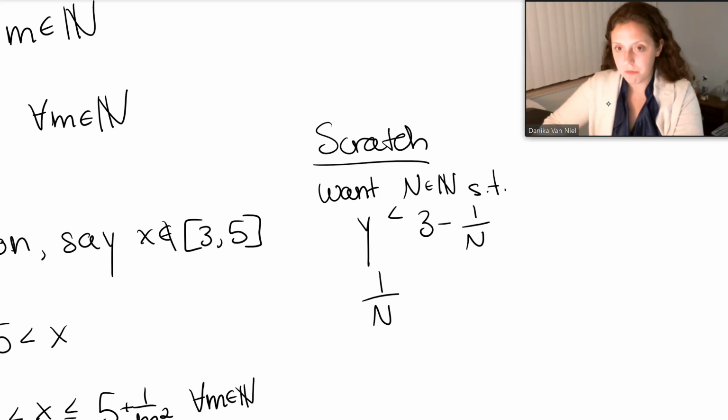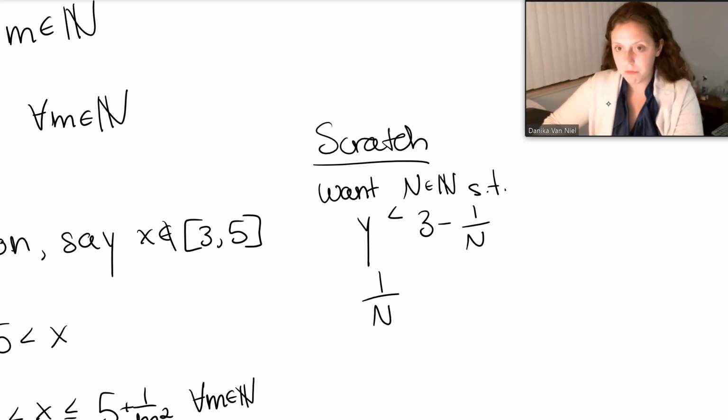You always want to be very careful about 0 stuff or negatives. We don't have to flip it because it's going to be positive. Here, maybe I'll say that specifically. So 3 minus y is bigger than 0, strictly.